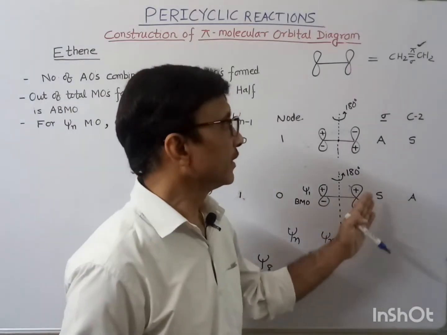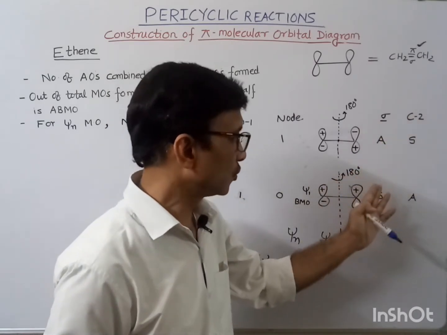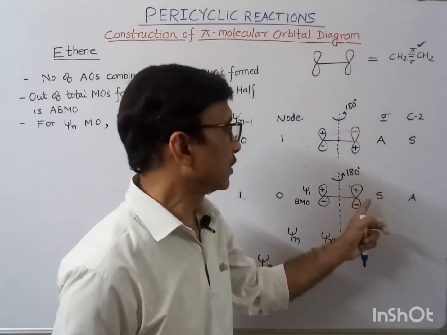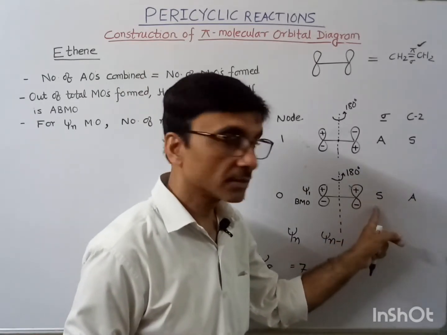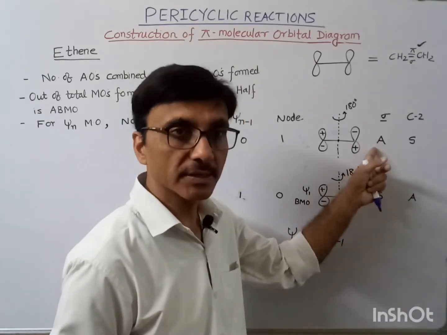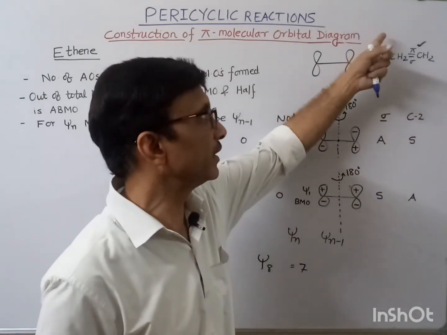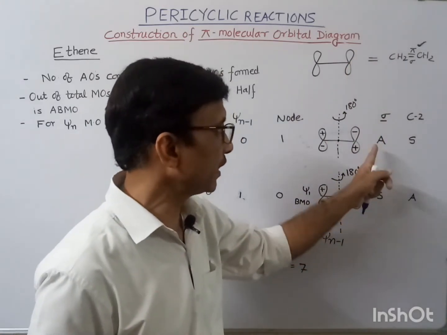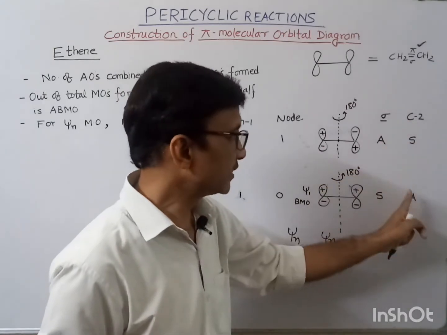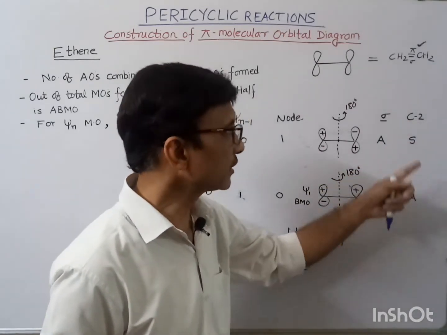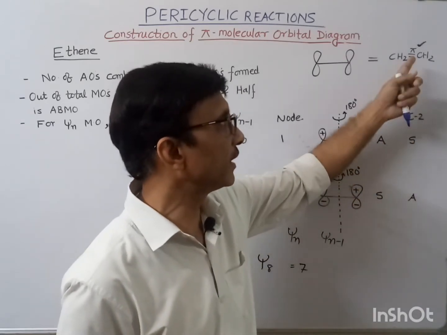Now in the same way, what about the mirror plane symmetry and the C2? Mirror plane symmetry for the first molecular orbital starts with S. For the second molecular orbital, then A. For the third, it will be S. For the fourth, it will be A, and so on. Means S, A, S, A, S, A. And for C2, it starts with A, and then comes S, and then again A, again S, like this.